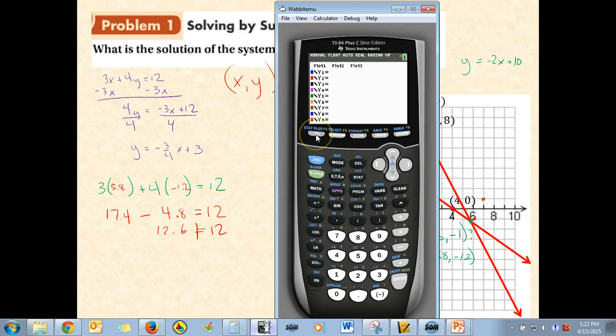Okay, let's say y1 is negative 3/4 x plus 3, so negative 0.75x plus 3. And then y2 is negative 2x plus 10. And now let's look at a table.